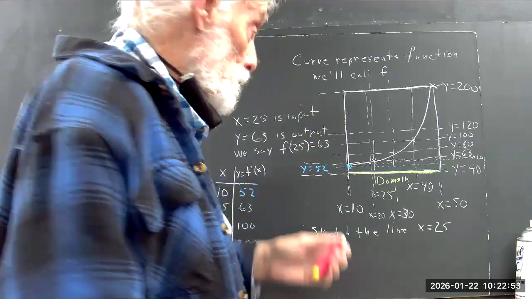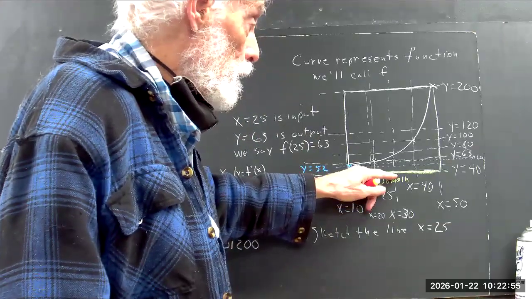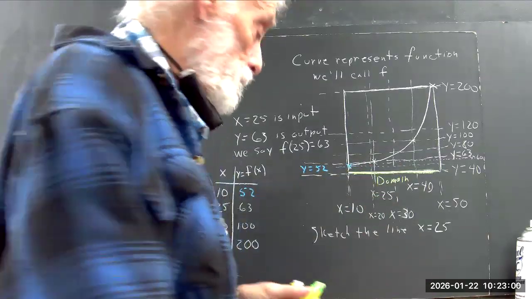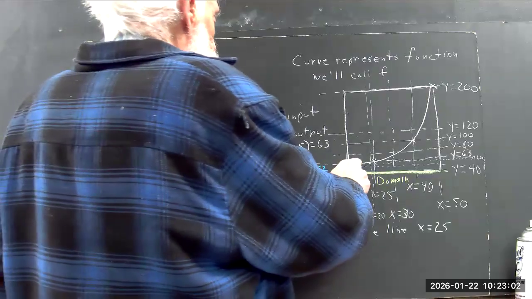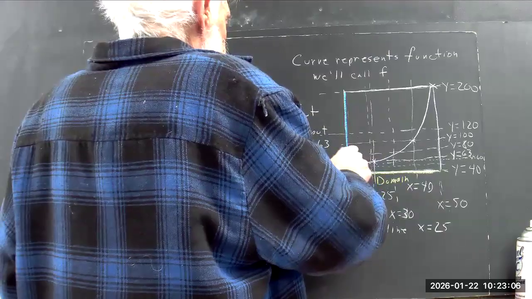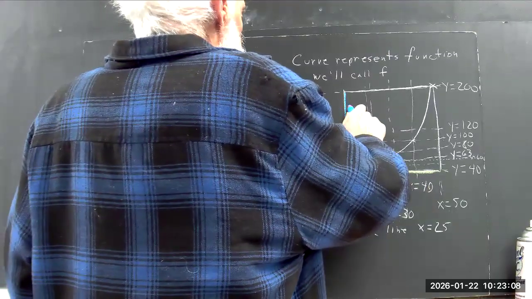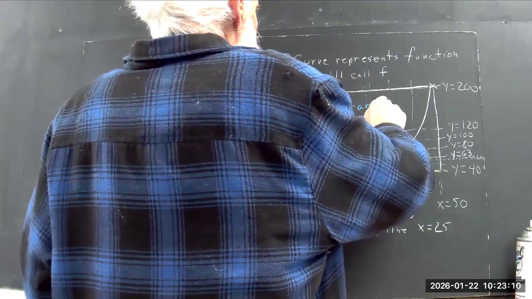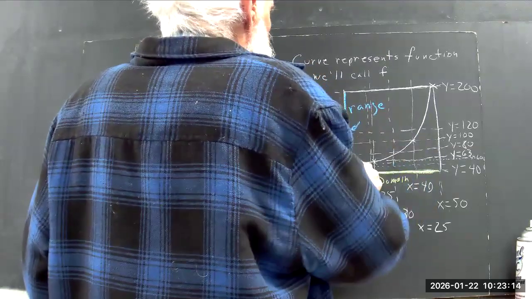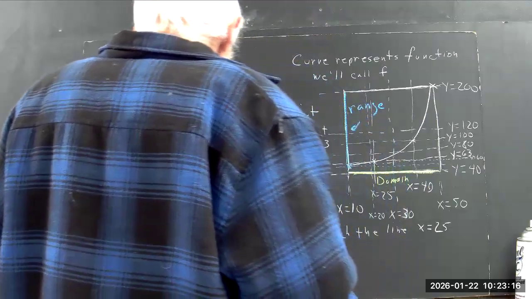Okay? So the numbers between y equals 40 and y equals 60 are not members of the range. The range starts here and goes up to here. That interval is the range.